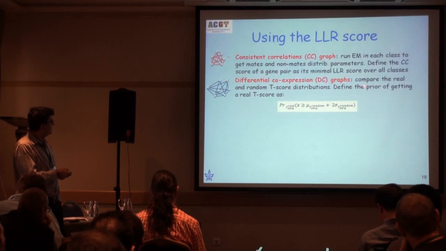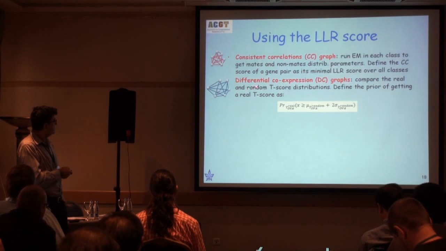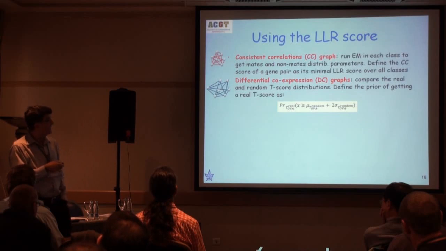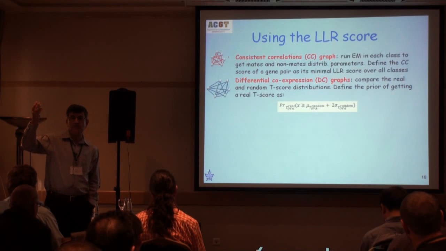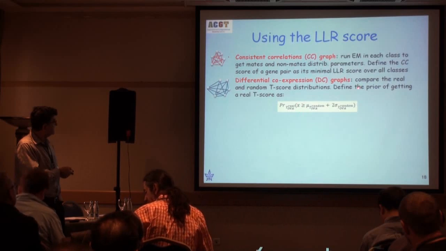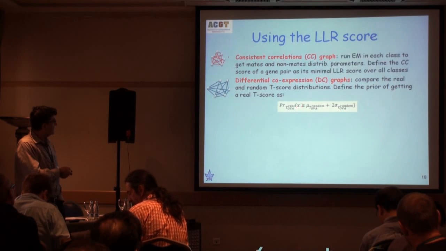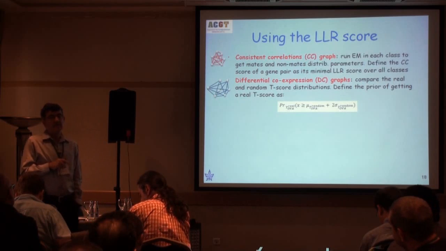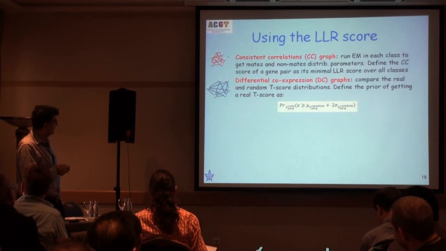For differential co-expression, we will be comparing the values of the t-scores of the original data and of randomized label data. And we need to set a threshold of when differential co-expression begins, and we just set this prior to be the probability of obtaining a value that is 2 standard deviations more than the normal. So we take a pretty strict threshold in order to take only values that we feel quite confident about.